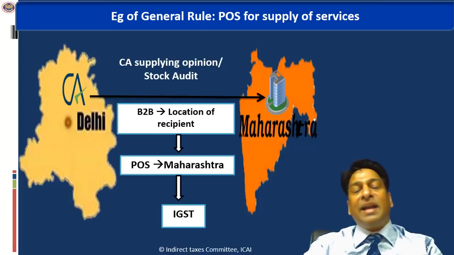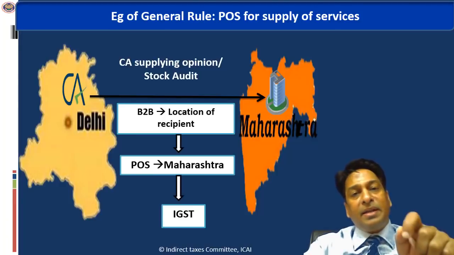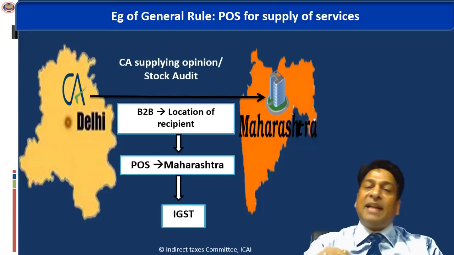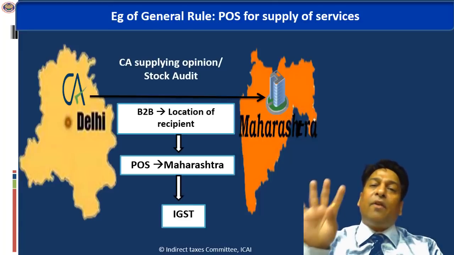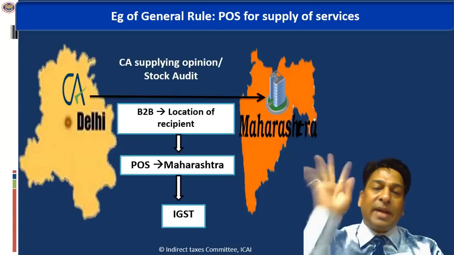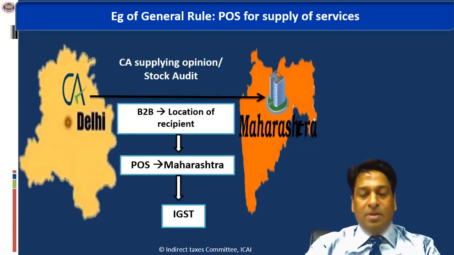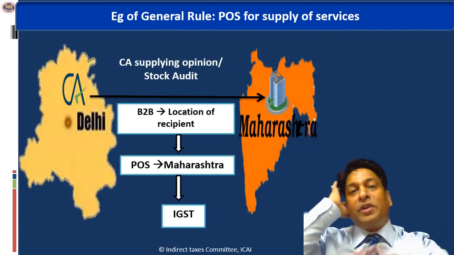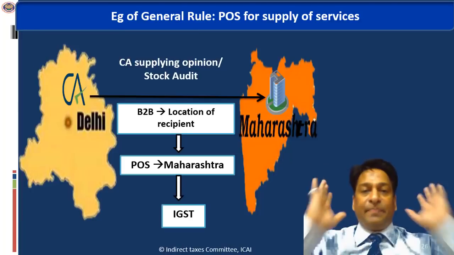I got my client also registered in Delhi. Their head office is in Delhi. Now this client wanted me to undertake a stock audit for 4 different locations, maybe Mumbai, Chennai, Bangalore, or Calcutta. Assume 4 different places in 4 different states.